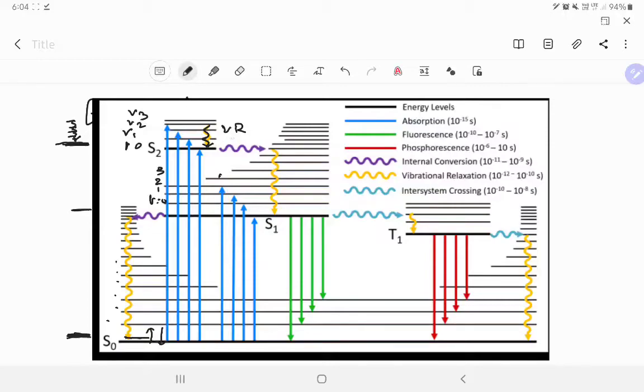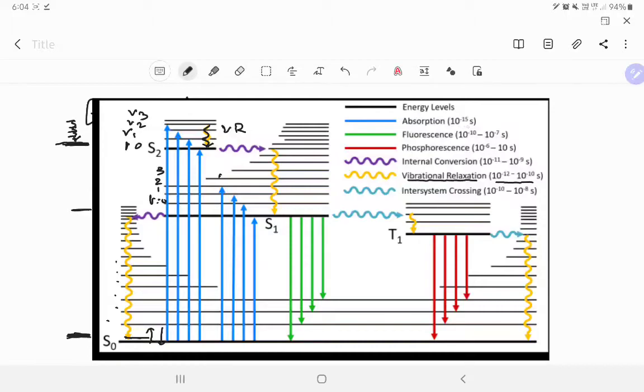This is called vibrational relaxation. It is a non-radiative transition that takes 10 raised to minus 12 to minus 10 seconds, and there is no change in spin.